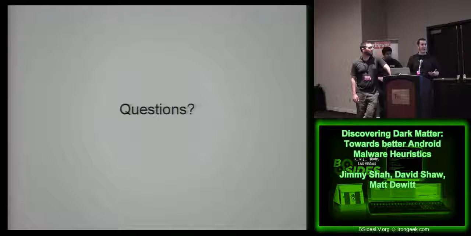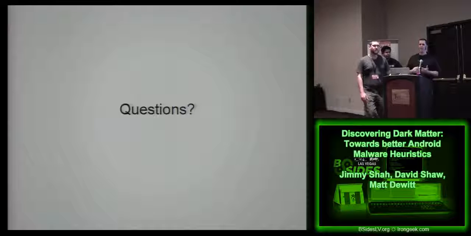When it says install packages, and you're looking at the code, and it looks like it's mostly ads, or the program doesn't work, it just does a bunch of junk, but it also has this ability to install packages, you might want to look deeper to figure out if it's actually downloading an APK from a third party and then installing it.